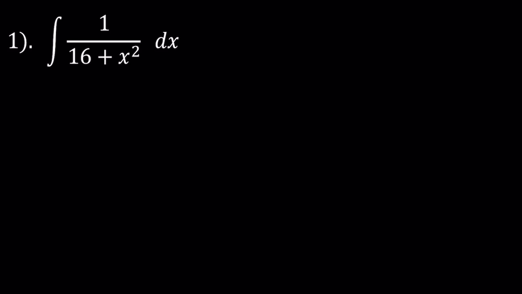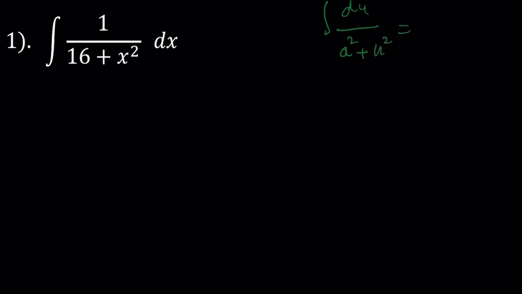If I have something like this, I'm thinking of the integral of du over a squared plus u squared, and this is simply 1 over a arctan of the angle, which is u over a, plus a constant, and we are done.